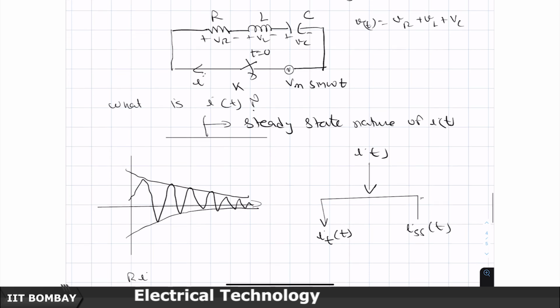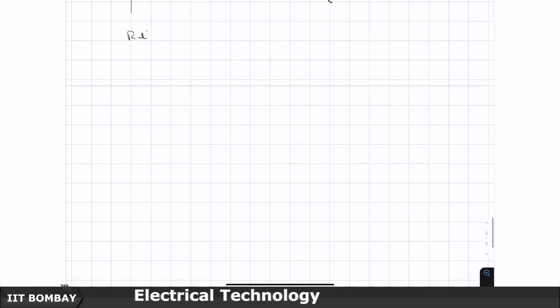This is the voltage, and each of them is actually a function of t. I am not writing it right now, but it is clear that each one of them is a function of t.